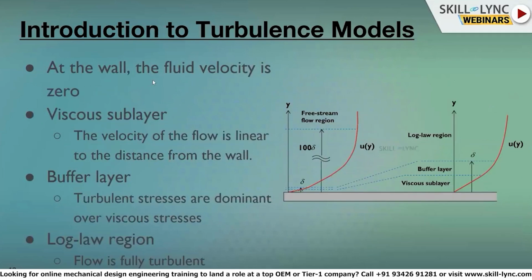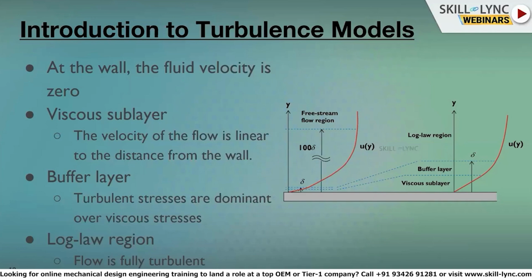At the wall, as you all know, the fluid velocity will be 0, and there is a region where the velocity of the flow is linear to the distance from the wall, and the dominant stresses in this region are due to wall shear or viscosity. That is called the viscous sublayer. In the buffer layer, the stresses are dominant due to turbulence. Those are turbulent stresses. And in the log law region, the flow is fully turbulent. So when solving for turbulence, our challenge is to what extent one needs to capture.